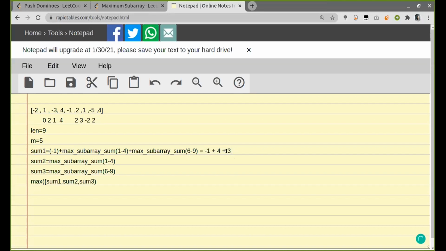Again, these two parts will be a recursive call. So again for these two subarrays, we will be calculating this again. Since we are dividing the array into half each time, the size is halved. This is why it is the divide and conquer approach, and later we are choosing the maximum of all the values.